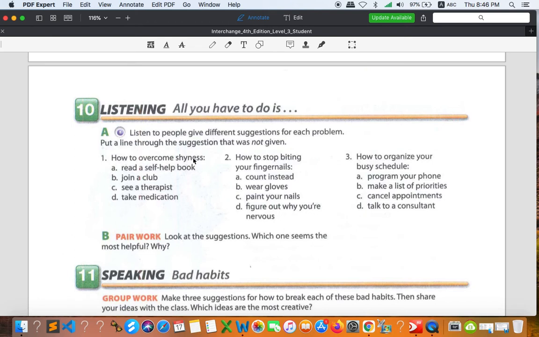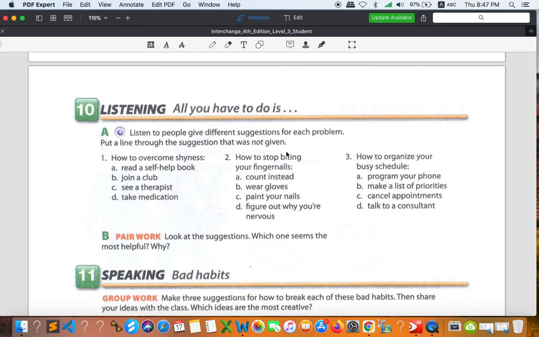How to overcome shyness, how to control your shyness. So A, read a self-help book. B, join a club, not a nightclub, it's just a speaking club perhaps. C, a therapist. A therapist is like a doctor who can help you overcome your shyness. Take medication, I don't know exactly whether you can take this or not. So I just want to give some ideas about the suggestion for this problem.